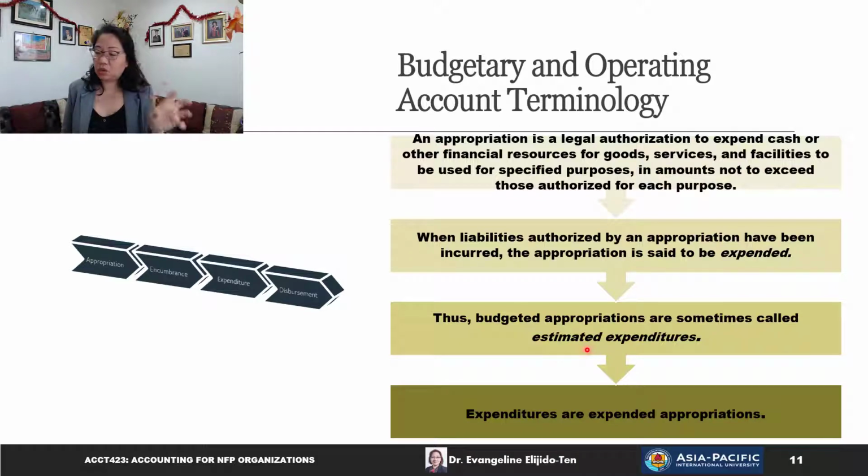So think of encumbrance as something that happens in between appropriation and expenditure. We will stop for a moment and continue Learning Objective 5 in part B of this lecture.